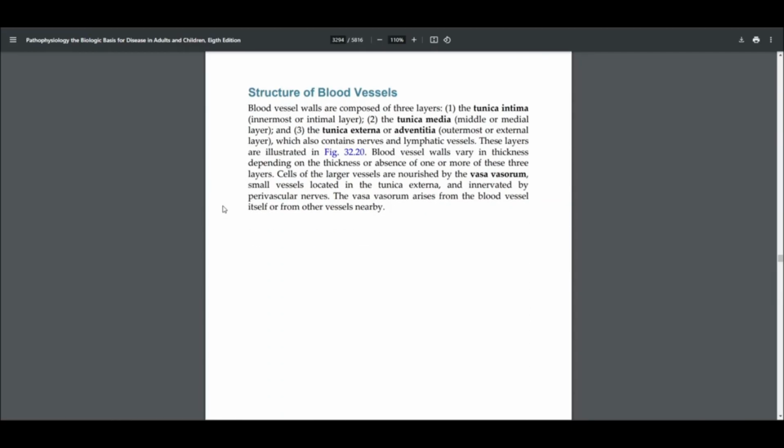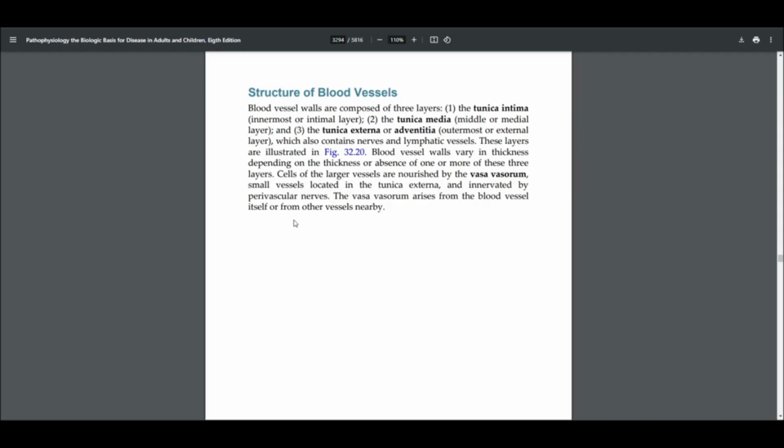Blood vessel walls are composed of three layers. The tunica intima, the innermost or intimal layer, the tunica media, middle or medial layer, and the tunica externa or adventitia, that's the outermost or external layer, which also contains nerves and lymphatic vessels. These layers are illustrated in 32.20.